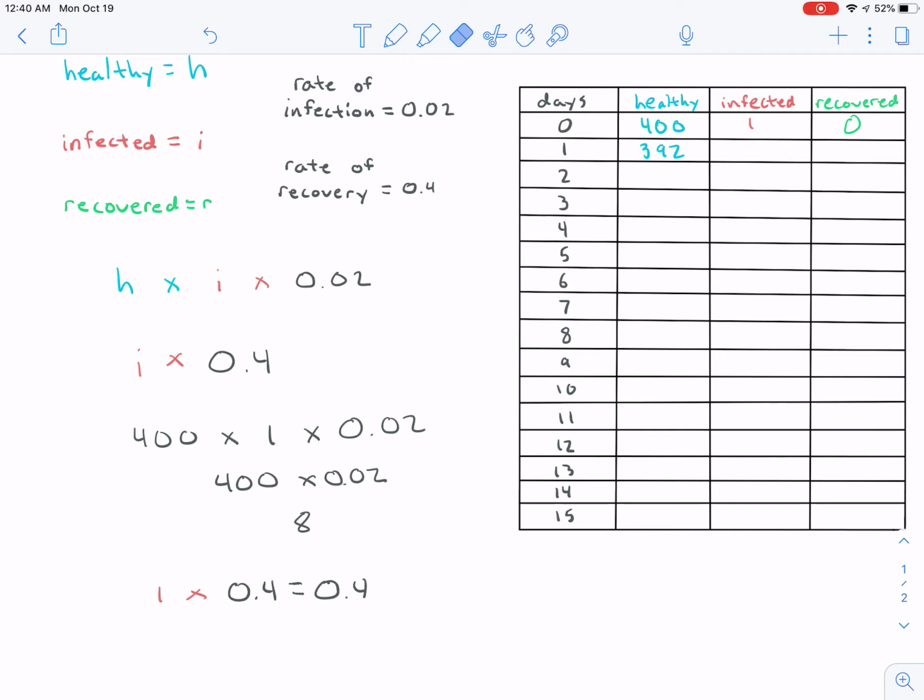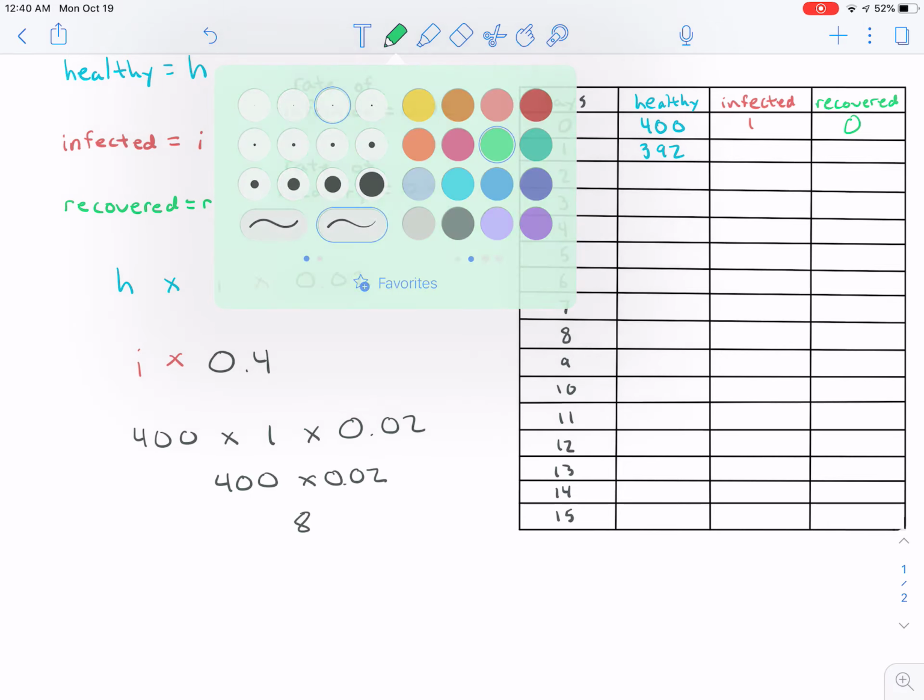That's not really a thing. You either recover 1 person or 0. There's no in between. So for the purposes of this, we're going to say whatever number it's closest to, that's the number. So 0.4 is closer to 0 than it is to 1. So we're going to say the amount of recovered people stays exactly at 0.